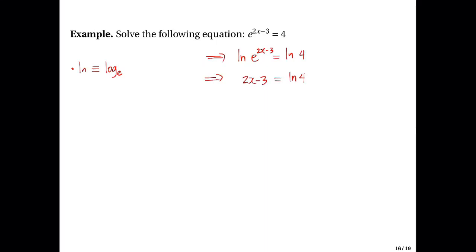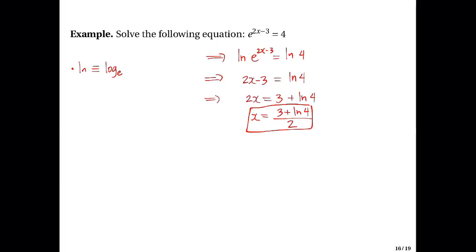Then we solve for x. So 2x equals 3 plus ln of 4, and x is now equal to (3 plus ln of 4) divided by 2. I will accept this as a final answer.